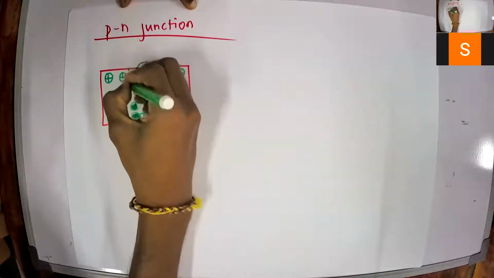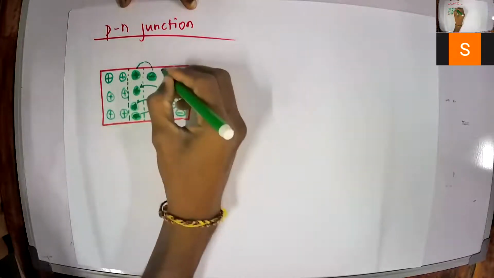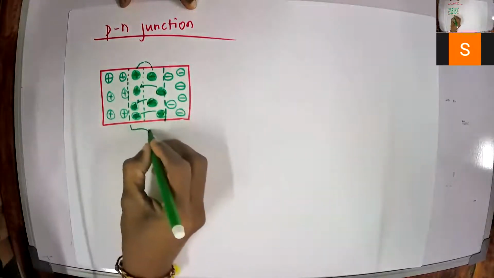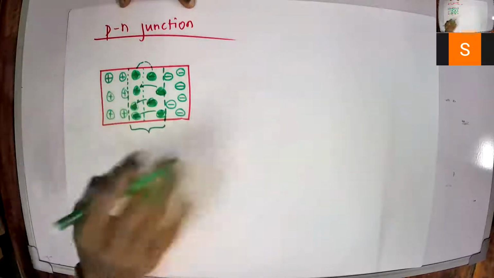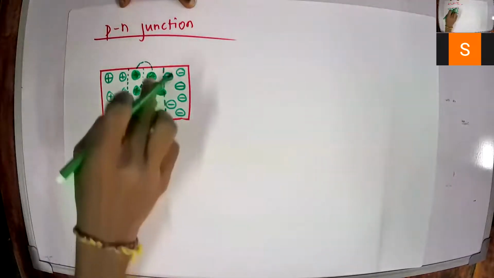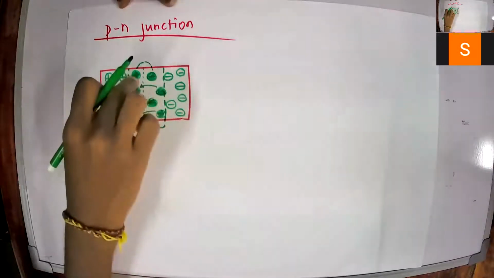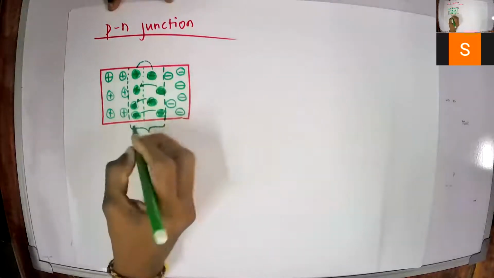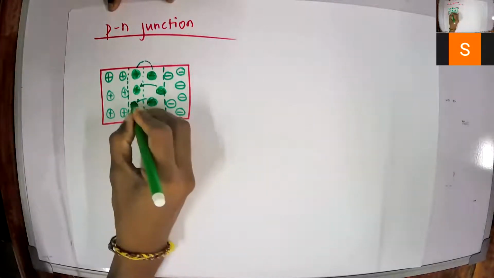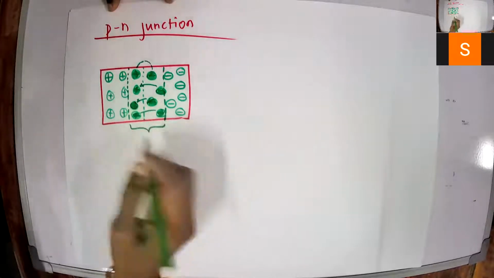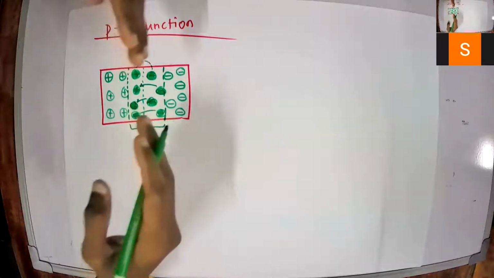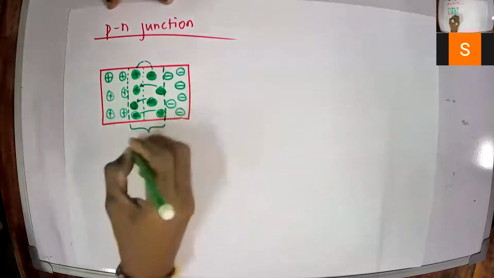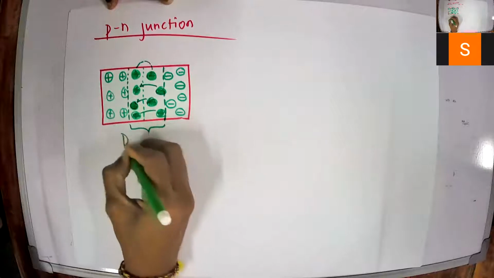So look here, there will be a thin region where effectively there are no charge carriers. Both free electrons will recombine with the free holes, and as a result there will be no charges in this region. So the charge carriers are depleted from this region. Hence, we can name this region the depletion region.